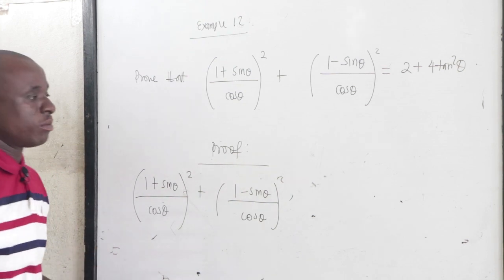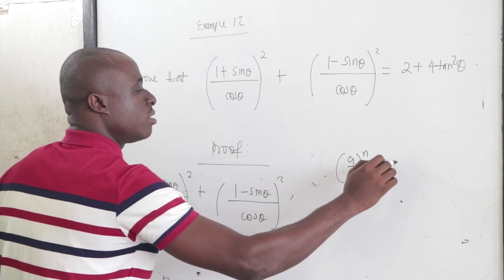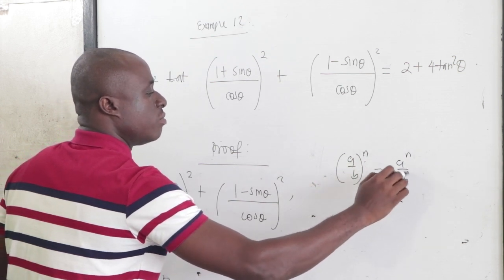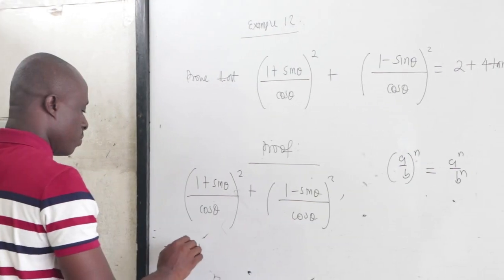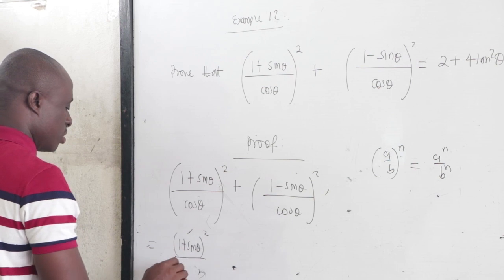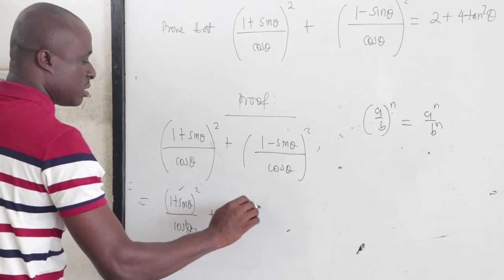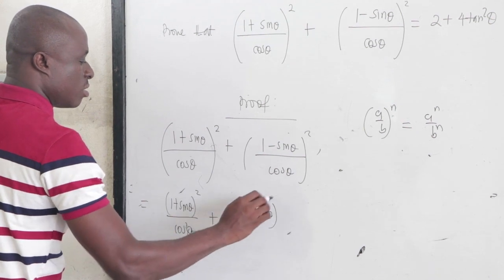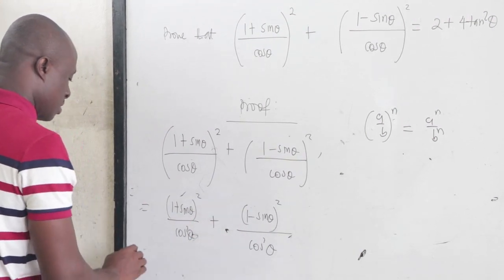Now what do we know from indices? If you have A over B all to the power n, we say this is A to the power n over B to the power n. So we apply the same principle here. 1 plus sine theta all to the power 2 all over cos square theta plus 1 minus sine theta all to the power 2 all over cos square theta.